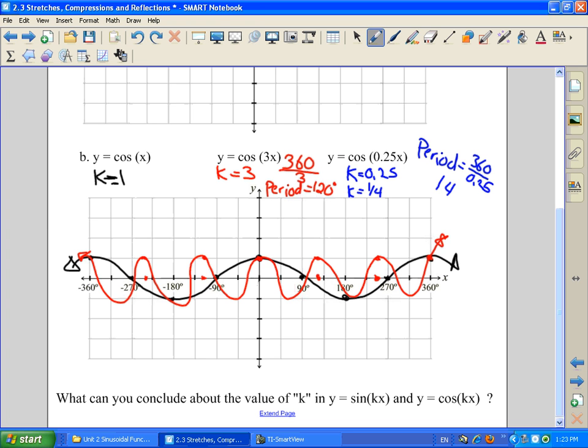It's going to be 1440. So what does that mean, ladies and gentlemen? It's not even going to be able to do one movement within our whole 720. We're only going to have half a movement within our whole graph here.